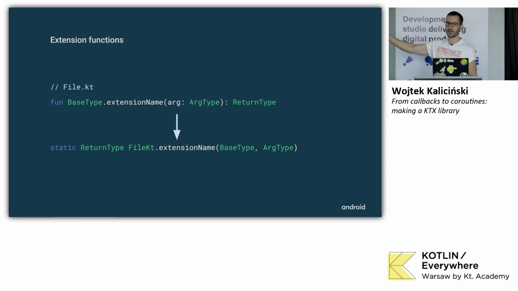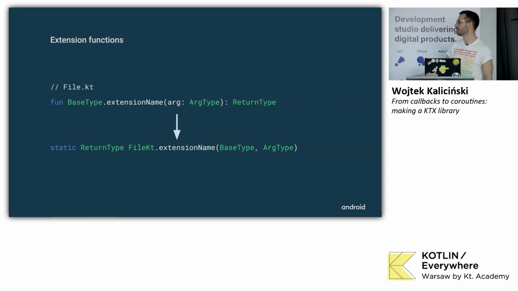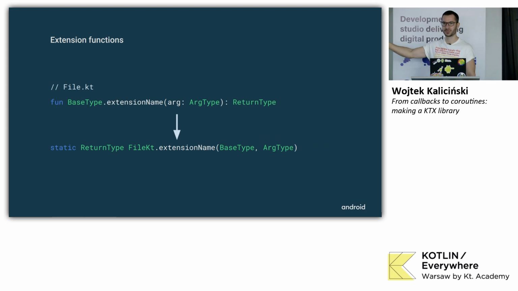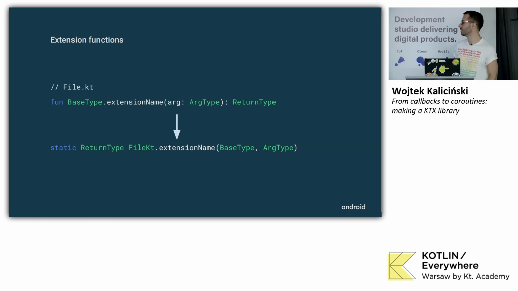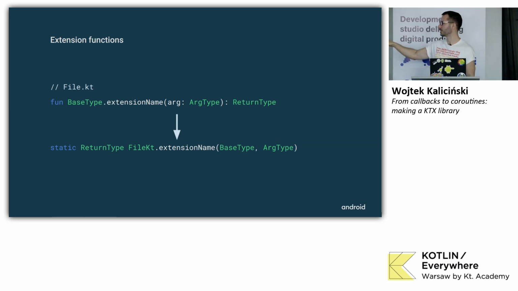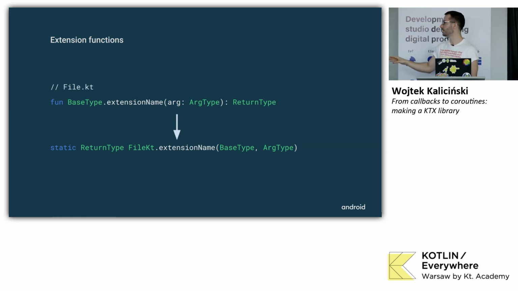So if you have a file, like file.kt, that creates an actual JVM class called FileKt that contains your extension function. Even though the extension function is defined on a base type, on an activity, on whatever you want, the actual function that exists in the JVM library compiled from that is a static function on the FileKt class.